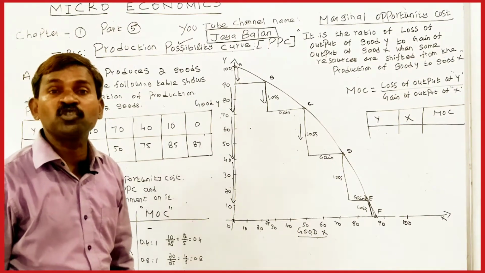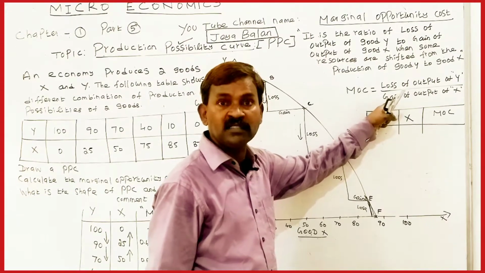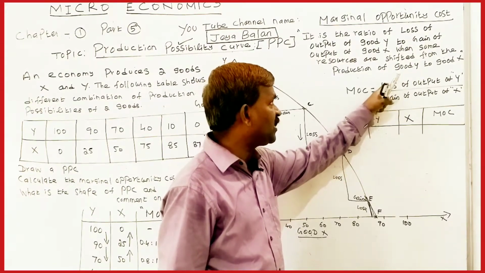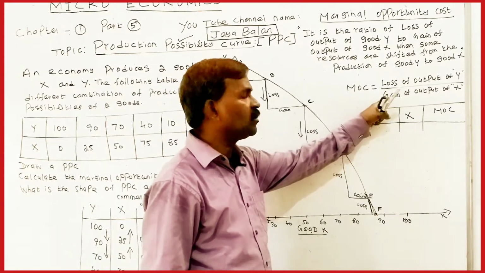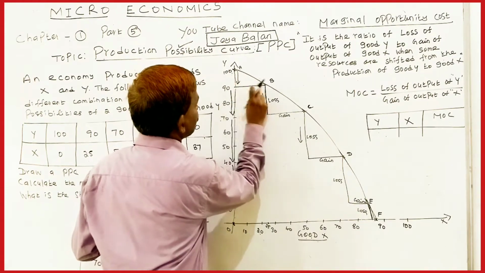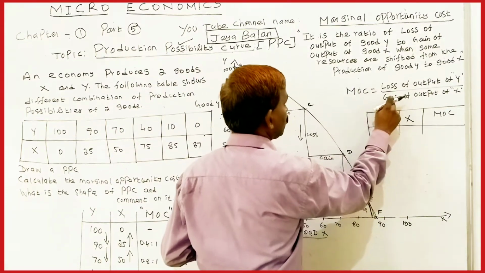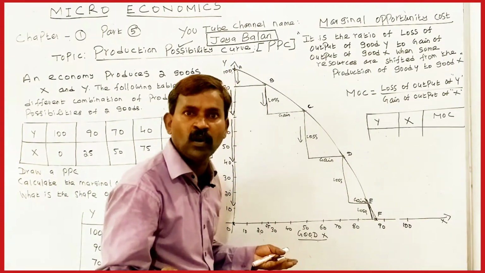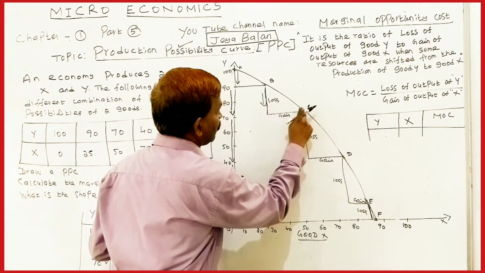The marginal opportunity cost: see the formula, loss is the numerator, gain is the denominator. Whenever the numerator is more, the answer will be more. When the denominator is more, the answer will be less. Look at this first. This much is the loss, this much is the gain. So this is less, this is more, so it will be below 1. Then you see here, this is the loss, this is the gain.